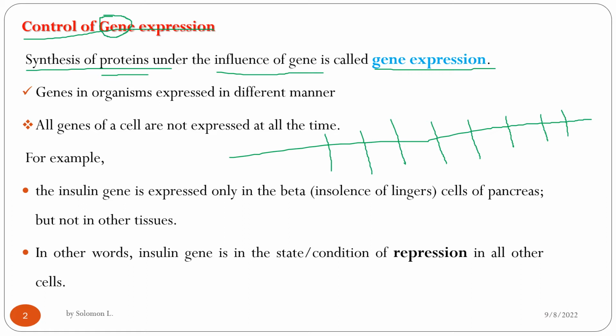For instance, the insulin gene can be found in all the tissues. However, it is expressed only in the beta cells of the islets of Langerhans of the pancreas, but not in other tissues. In other words, the insulin gene is in a state or condition of repression in other cells, but it is expressed in the islets of Langerhans cells of the pancreas.